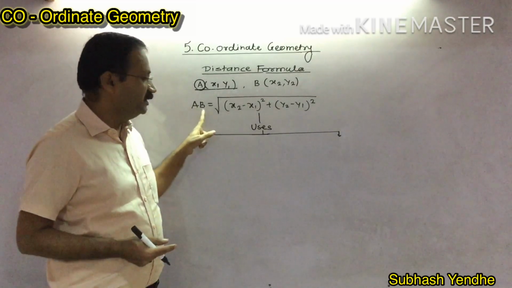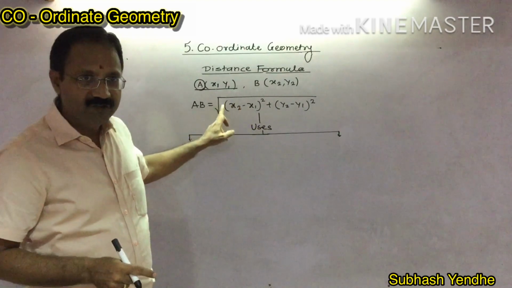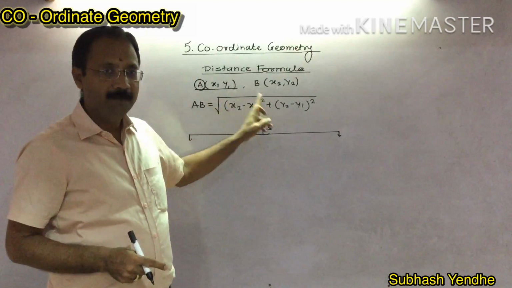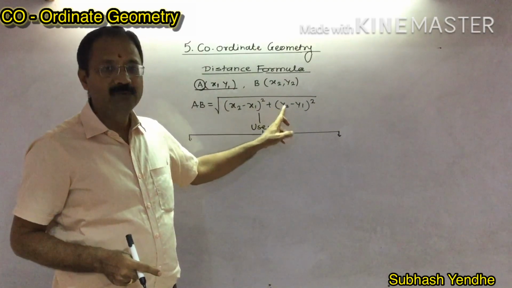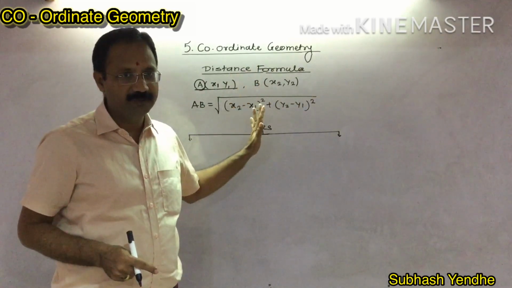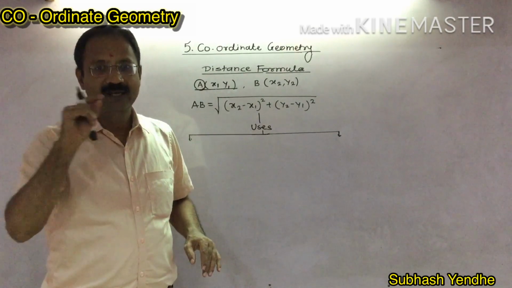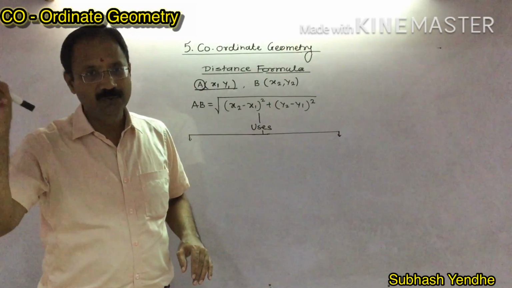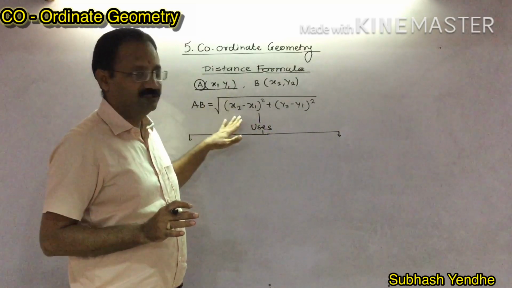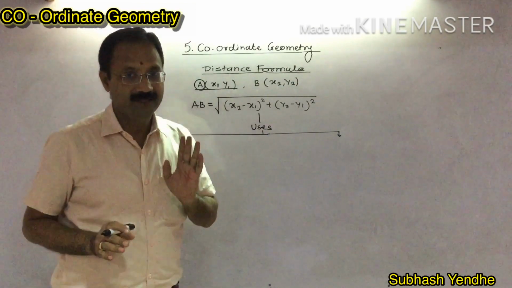The distance AB equals under root of (x2 minus x1) whole square plus (y2 minus y1) whole square. It is very simple to remember. x minus x, y minus y, 2, 1, 2, 1, bracket square. So this is called the distance formula to find the distance between any 2 points.